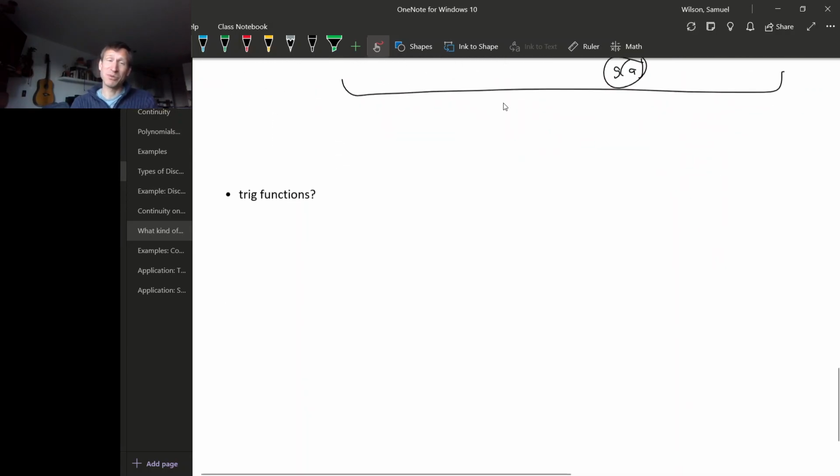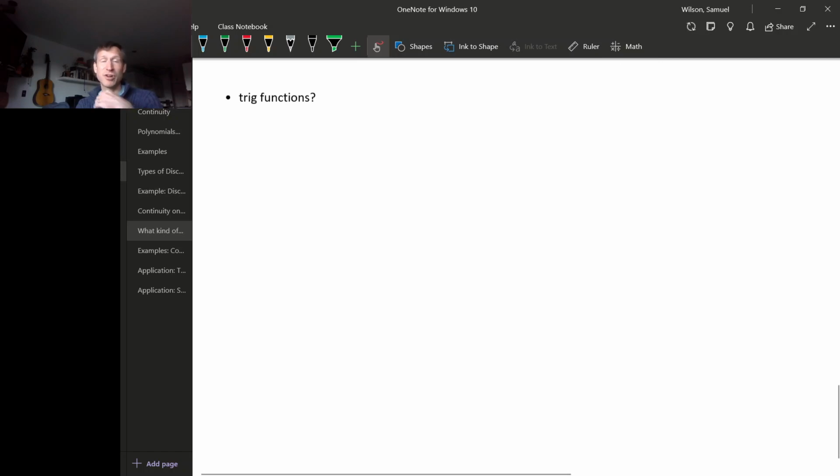For one more example, there's one more big type of function that we often work with, the trigonometric functions. So let's think about the continuity of trigonometric functions. Now, it turns out to figure out the continuity of trigonometric functions, we only need to worry about sine and cosine, because all of the other trig functions are quotients of sine and cosine in various arrangements.